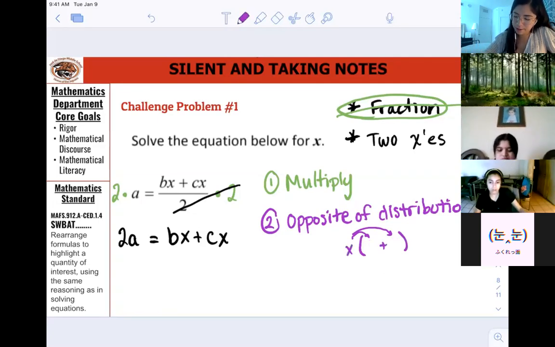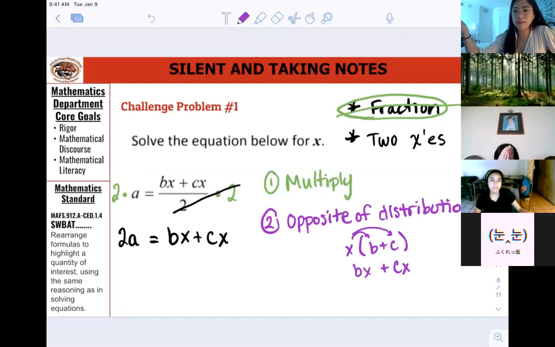What if it was x on the outside and the b and the c on the inside? When you distribute, this becomes, we're doing b times x, so that's bx, and then c times x, so that's cx. It's the same exact thing, it's just that instead of using numbers, I'm using all these letters. And notice that's what I have exactly right here.